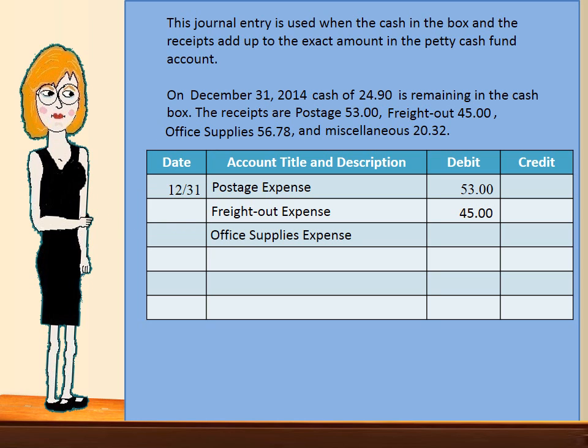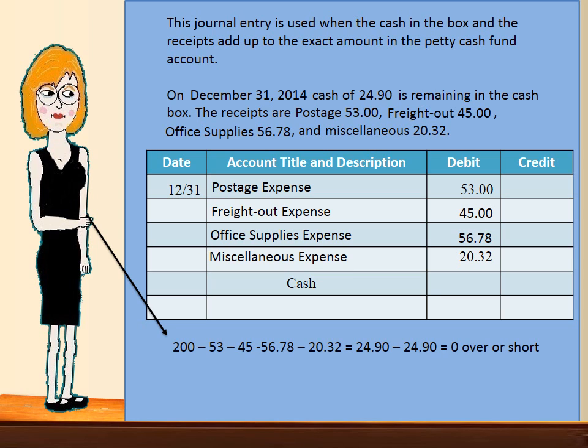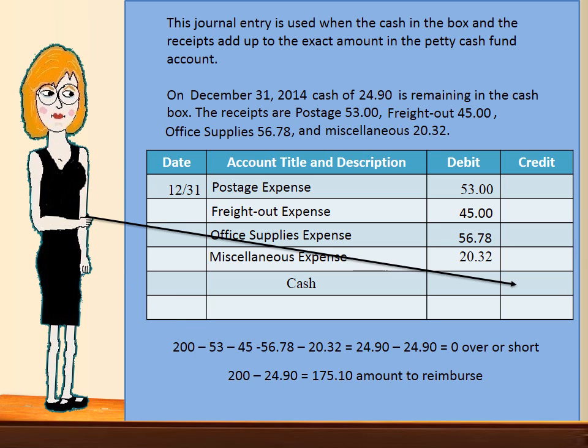Office supplies will be office supplies expense for $56.78, and miscellaneous will be miscellaneous expenses for $20.32. Cash, so we take the $200 we originally had in the box, subtract all of our receipts, and it equals 0 if we subtract the amount of cash that is still left in the box.